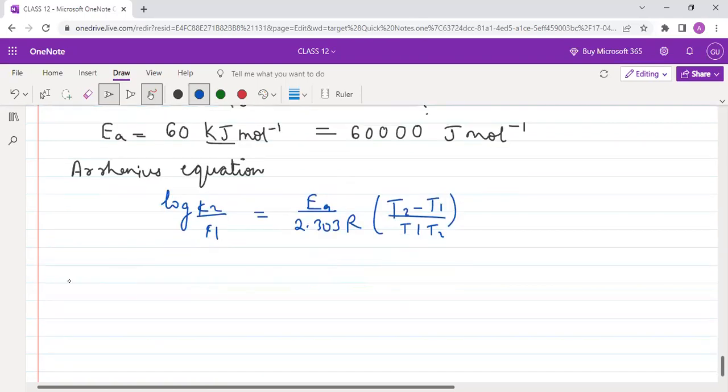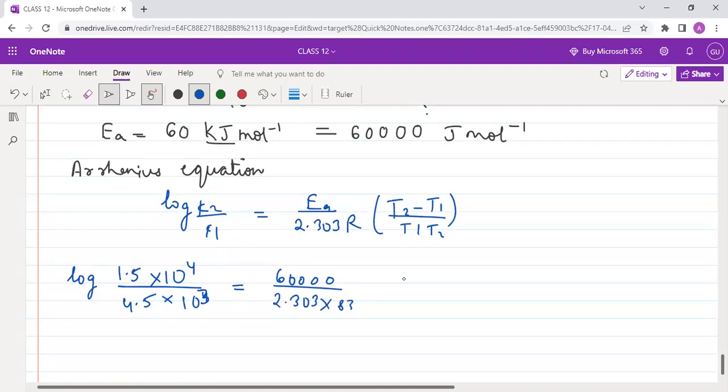If you substitute the values, log 1.5 into 10 raised to 4 by 4.5 into 10 raised to 3 is equal to 60 into 1000 by 2.303 into 8.314, into T2 minus 283 by 283 T2.